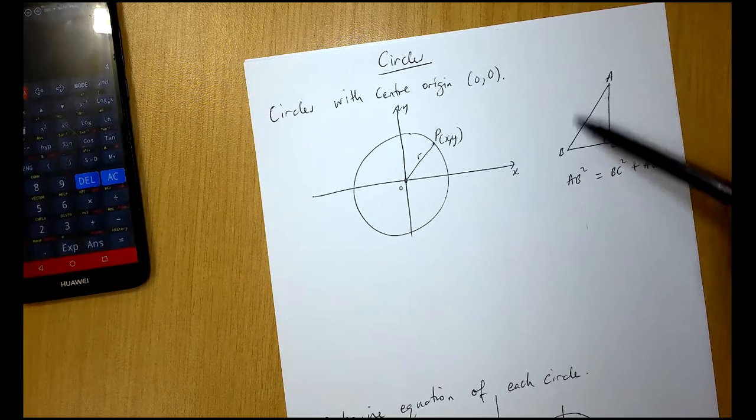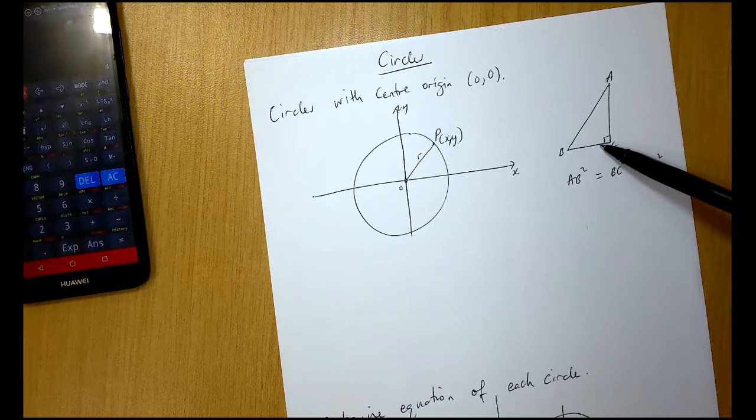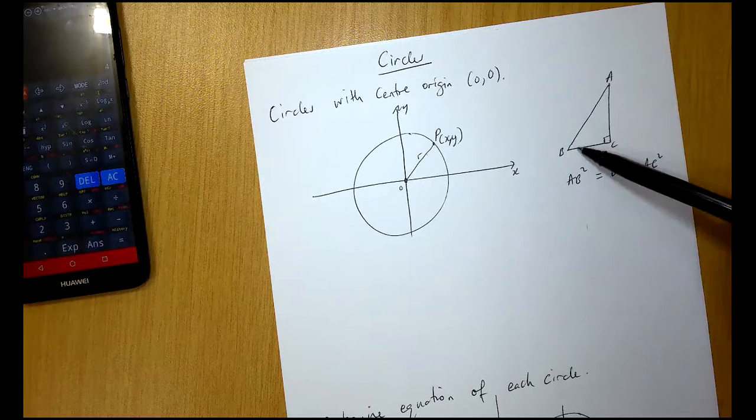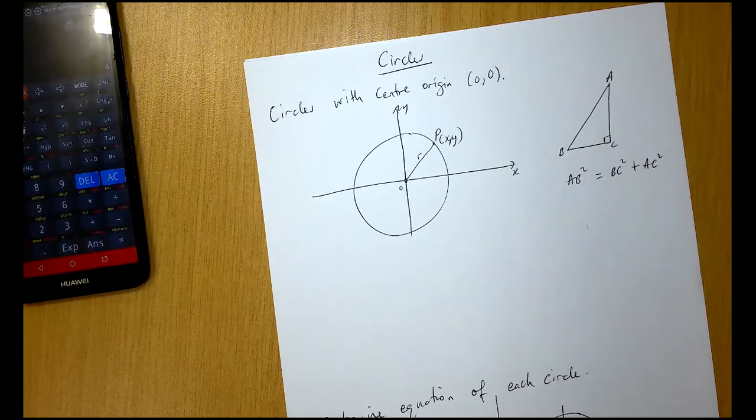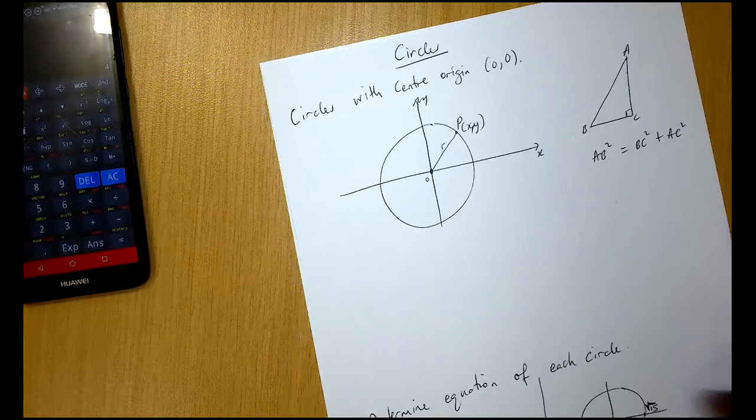This is Pythagoras theorem, and we know that in a right angle triangle, AB squared is equal to BC squared plus AC squared.